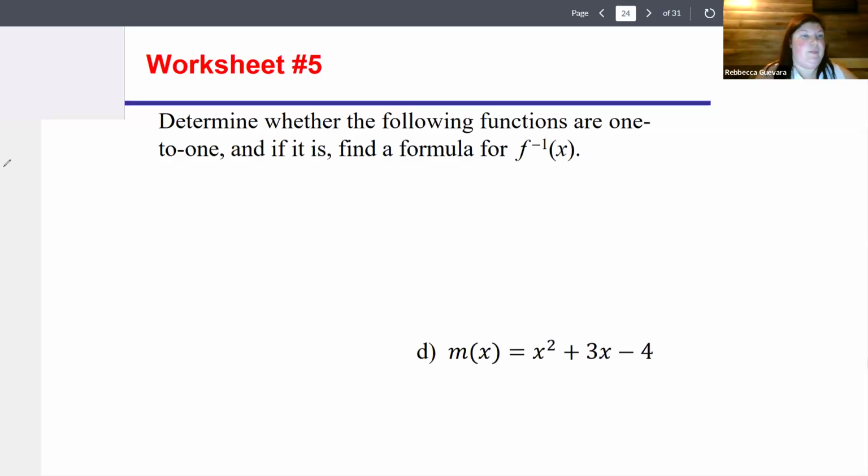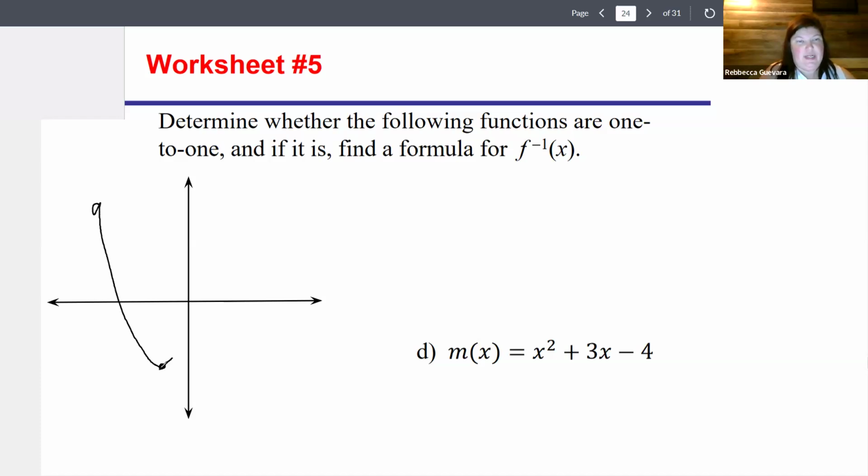All right, so probably without graphing this, maybe you're catching on to the pattern that I got an x squared, which seems to be a problem over and over again. So if I was to make a rough sketch of this graph, here you have your vertex. So this is a quadratic.